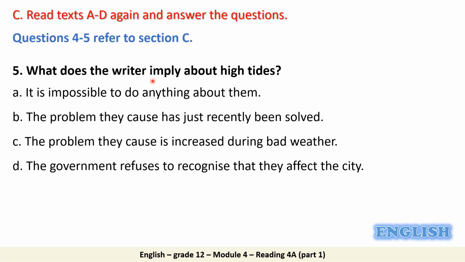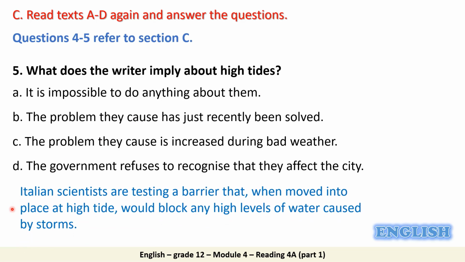So, the question goes like, what does the writer imply about high tides, high levels of water? This part will help you answer the question. So the barrier would block any high levels of water caused by storms. The barrier would block high tides of water.